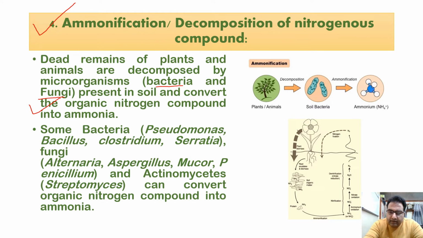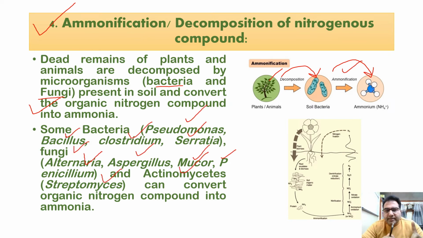In this graphical representation, it is depicted that the plants and animals decompose, and the bacteria and fungi act on them and convert this organic nitrogen into ammonia. This process is called ammonification.